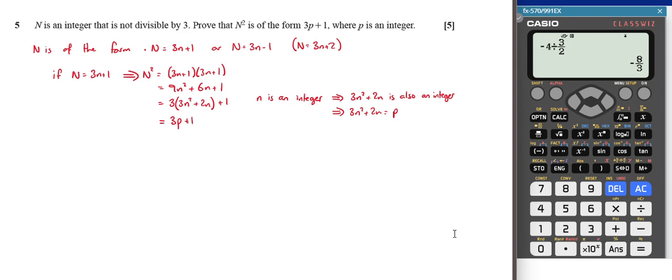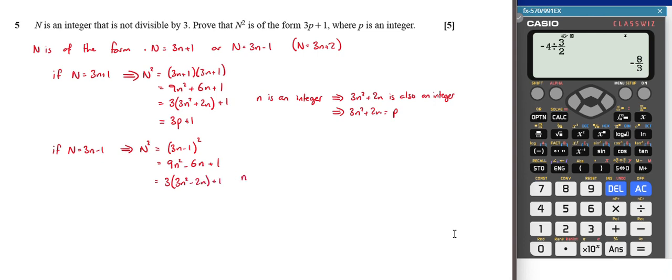I am then going to do a similar sort of idea. If n is 3m minus 1, n squared is 3m minus 1 squared. I'm going to expand the brackets, get a very similar result, and do exactly the same sort of idea. So that is going to be 3 lots of 3m squared minus 2m plus 1.